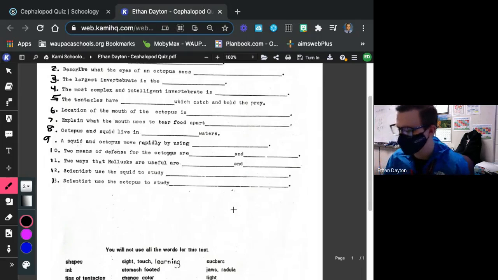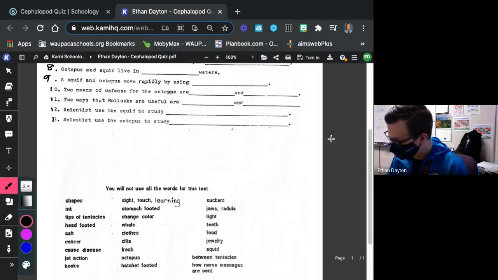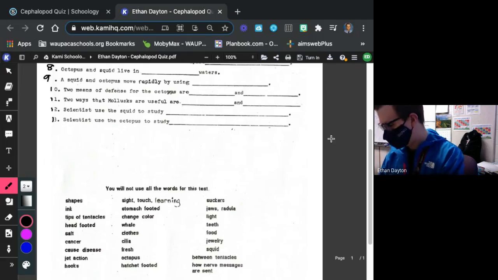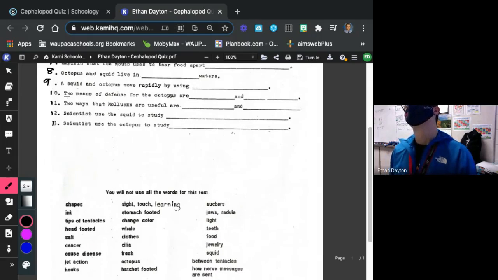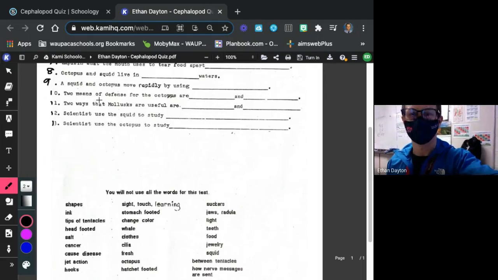Okay, number 9, a squid and octopus move rapidly by using what? Number 10, 2 means of defense for the octopus are blank and blank.